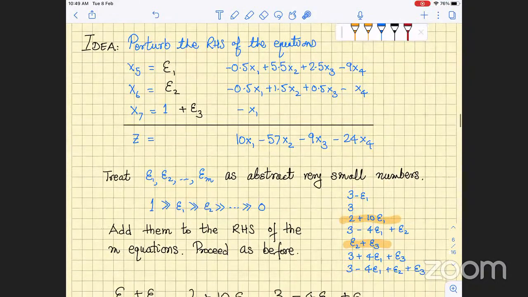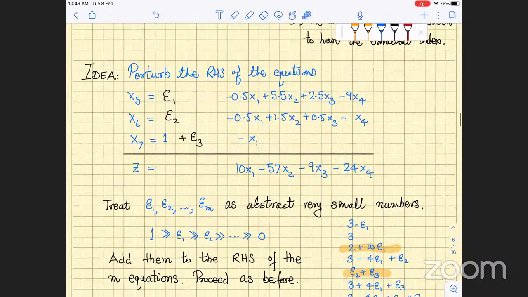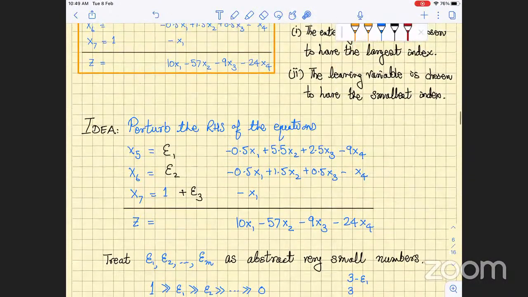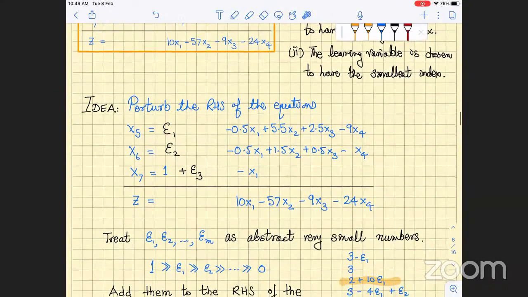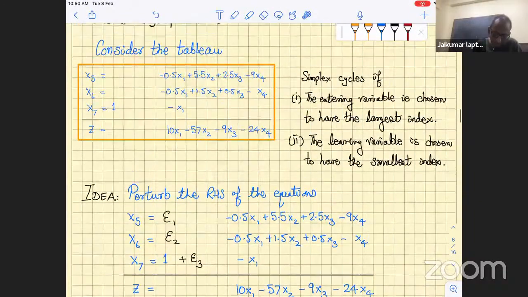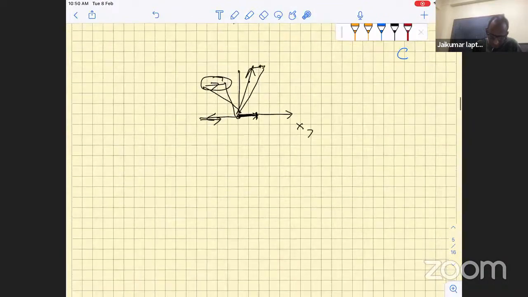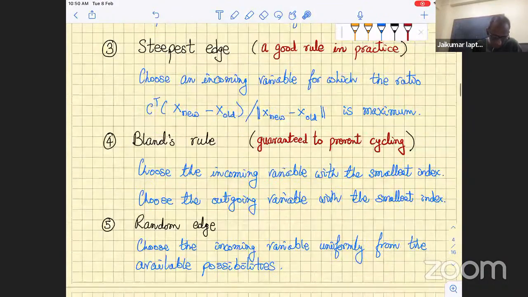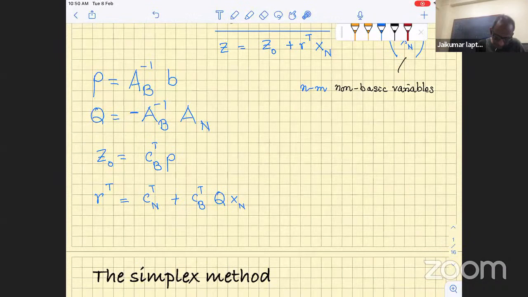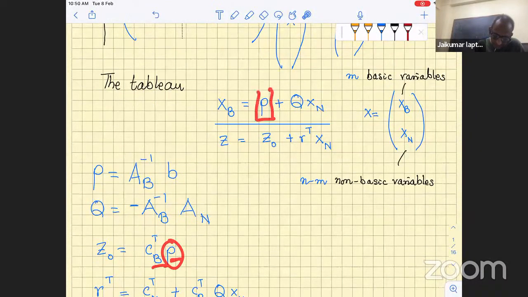Jacob, the upper bound of 1, was it a function of x7 having a 1 there, or if it was some much smaller quantity instead of 1 there, would you have? Right in the beginning, the objective function that we get, I made you write Z0 as CB transpose P. So this P, which is the original P that appears here, determines this value.